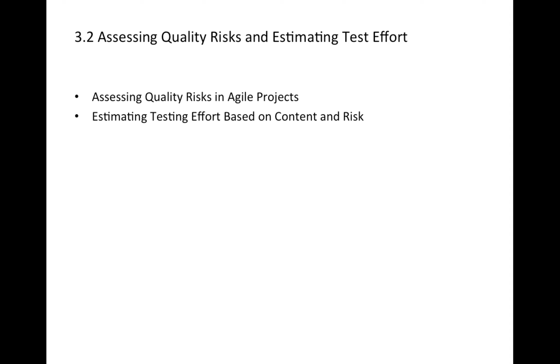Let me give the answer straight away. An example of how the quality risk analysis process in an Agile project may be carried out during iteration planning can be outlined in the following steps.